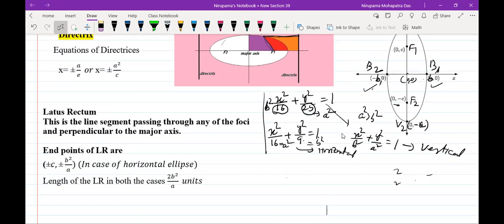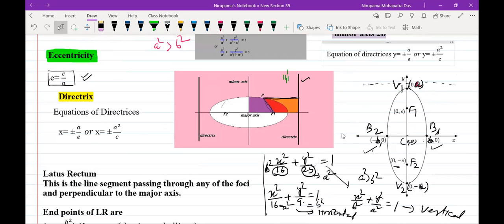Here you see the directrix I told you about. This fixed line is called directrix. Here it is given. P is any point, with PF1 and PM suppose. So here you see PF1 by PM, that is the eccentricity, which is less than 1.